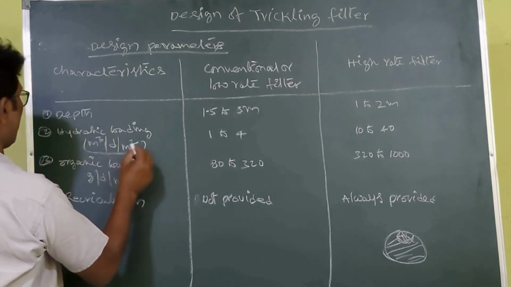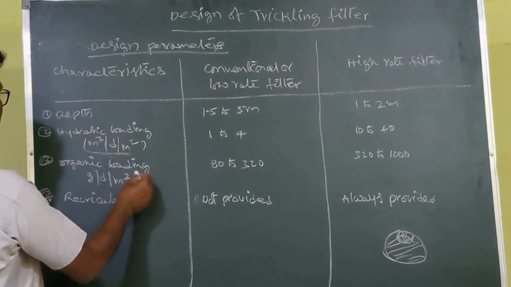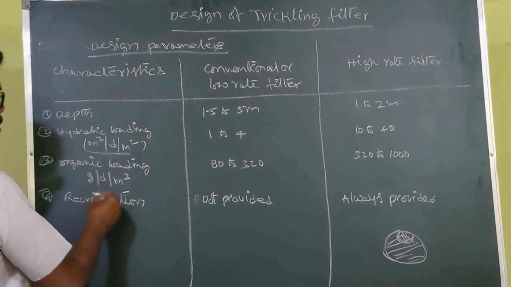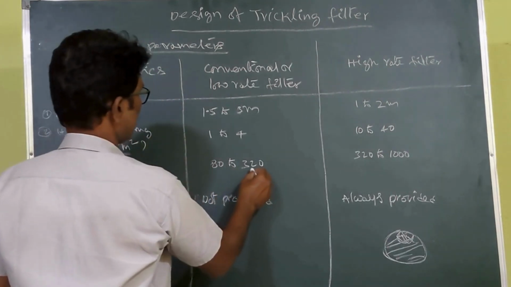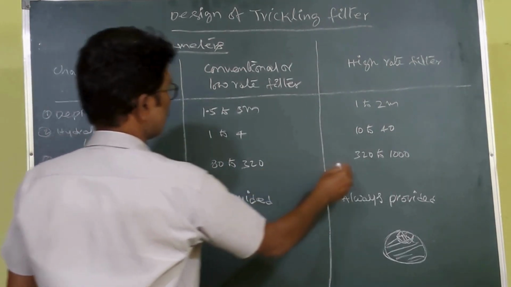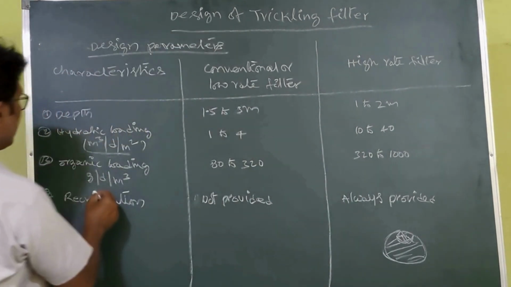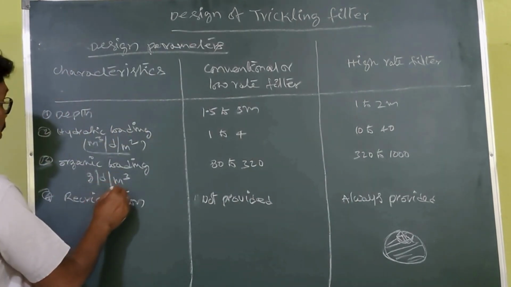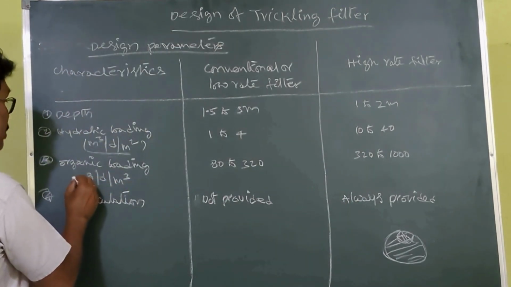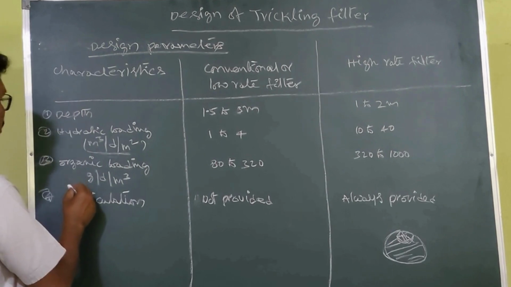Units are most important. Coming to the organic loading rate, this is 80 to 320 and 320 to 1000. The units are gram per day per meter cube, which means this is the BOD.